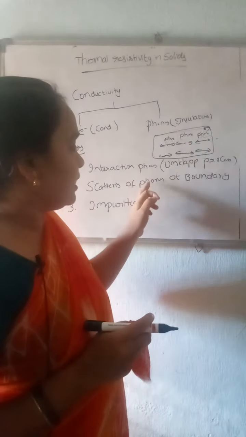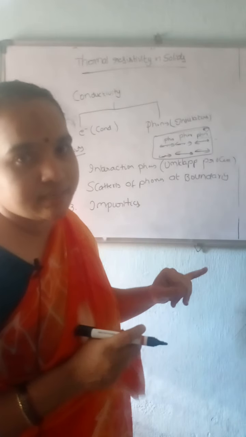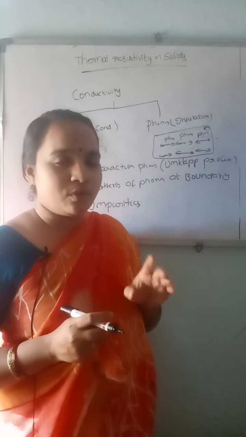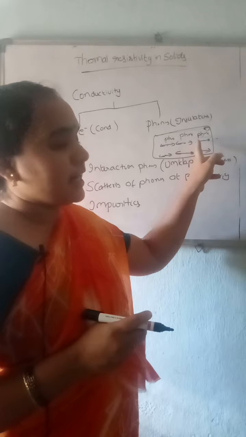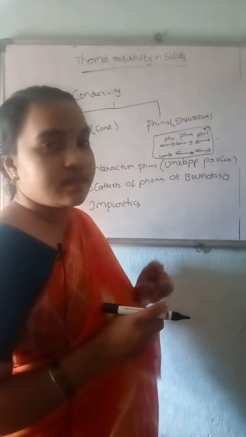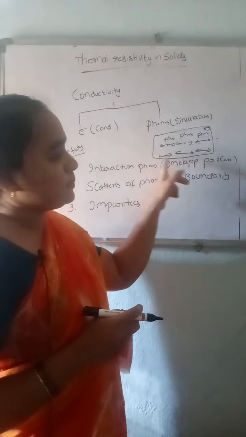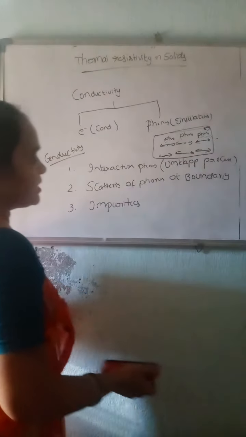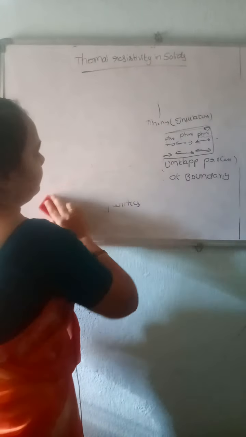So these three important properties give rise to thermal resistivity. First is interaction between phonon and phonon, called the Umklapp process. Second is scattering of the phonons at the boundaries of the lattice. Third is impurities present in the crystal.